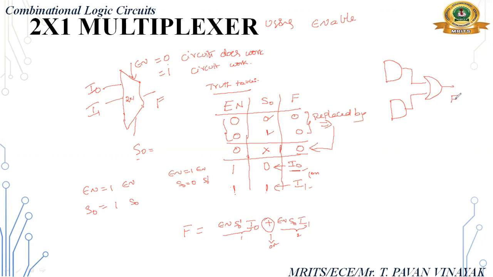Now inputs. What are the first AND gate inputs? En, S naught bar, I naught. So En, S naught bar, I naught. Right?